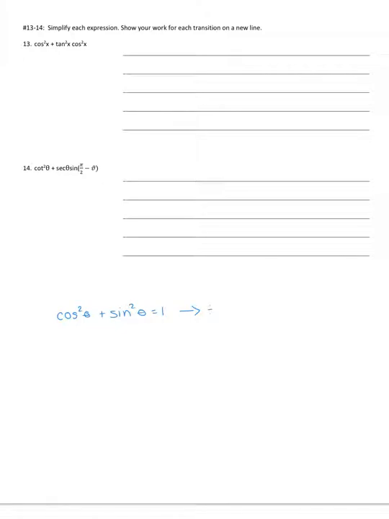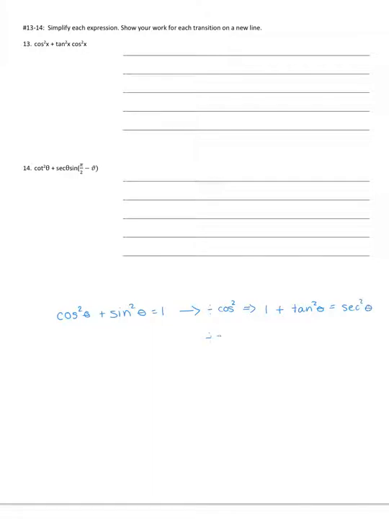So if I divided everything by cosine squared, then you would get 1 plus tangent squared, because sine squared over cosine squared is tangent squared, equals 1 over cosine squared, which is secant squared.